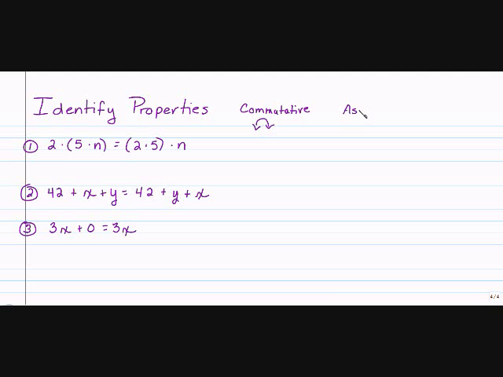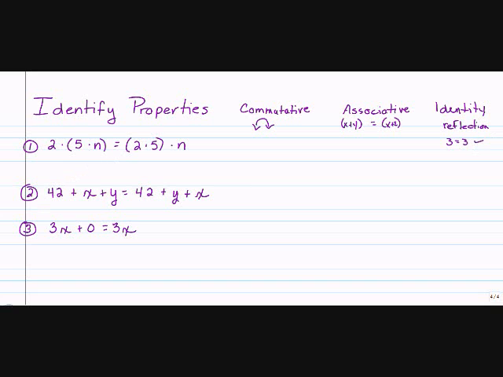If it's associative, you're going to associate with one group and then associate with another group. If it is identity, you're going to see your reflection. In other words, it's going to give itself right back.